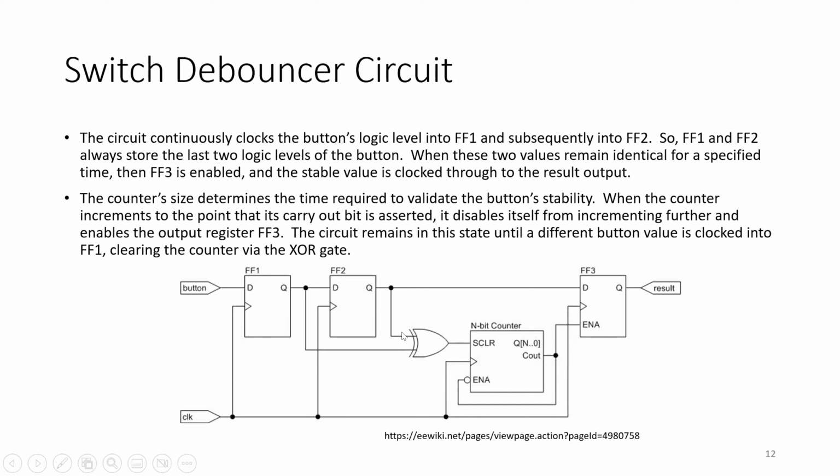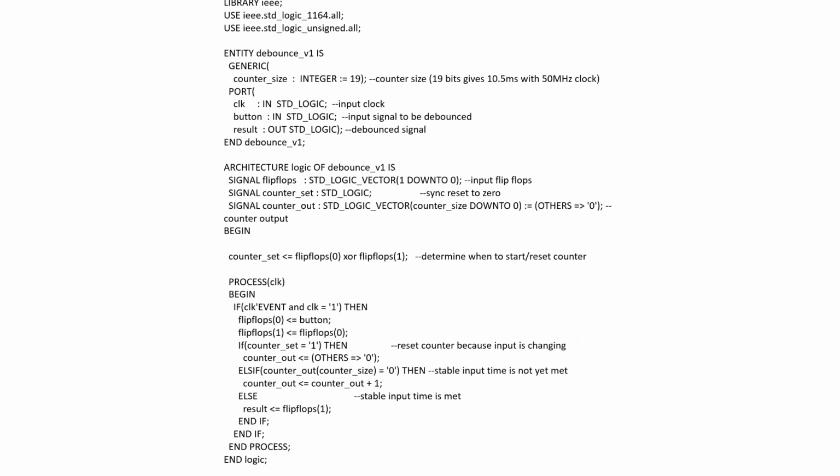And we are gonna implement it in this program. As you can see, I'm using again generic statement and the counter size is 19. And this should give me, as the comment statement, 10.5 millisecond if I have a clock 50 megahertz.